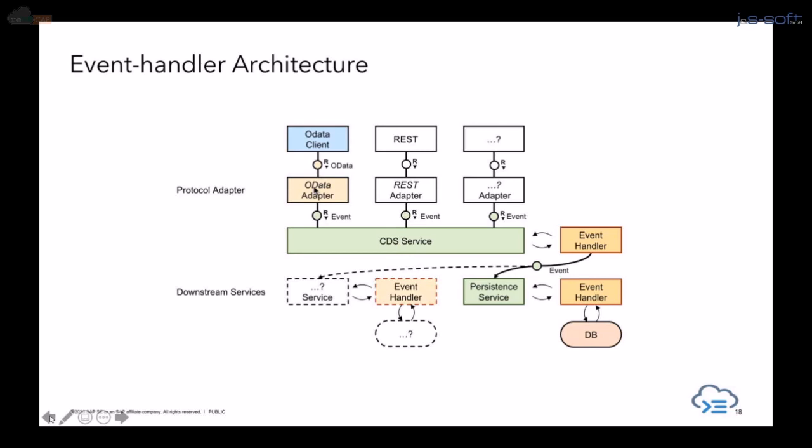We have built in the OData protocol adapter, we have built in the CDS service layer, where all the CRUD events are automatically handled by event handlers, which then call out to the downstream persistence service, but where also all custom events are typically registered as event handlers of the CDS service.